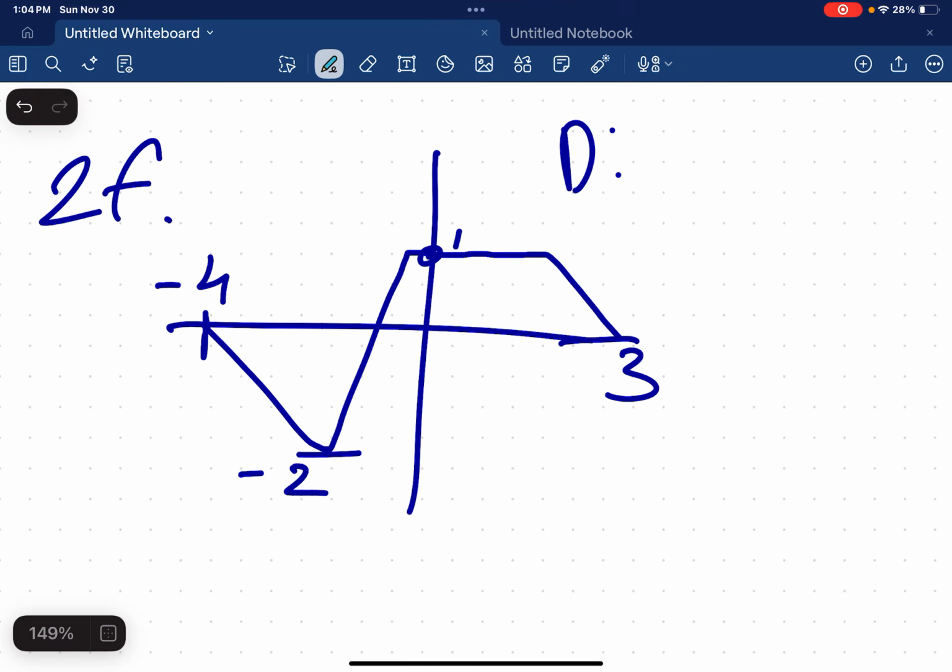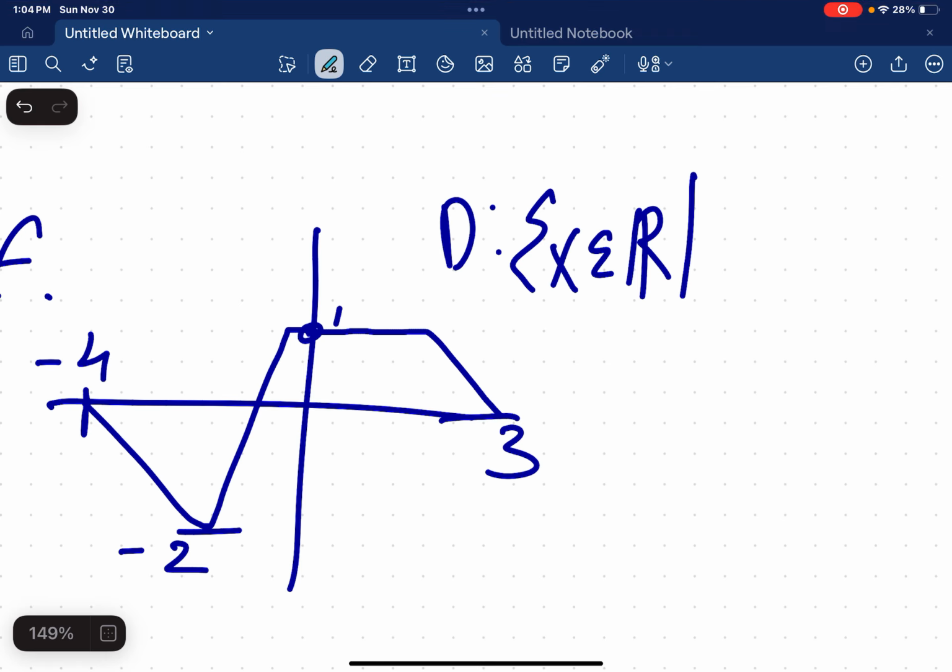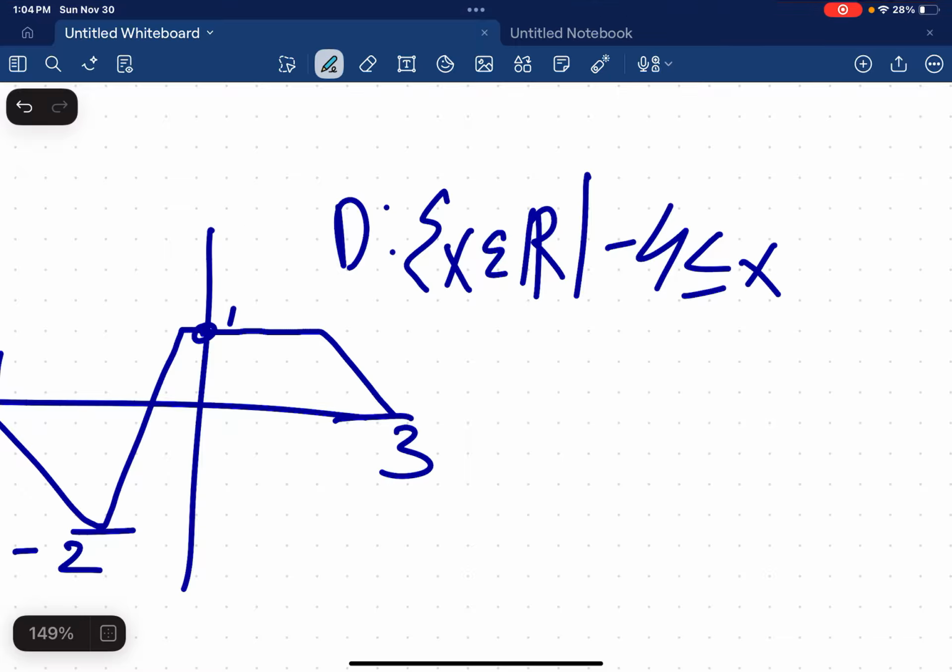The domain is going to be, we'll mark it as x is an element of all real numbers such that it is greater than or equal to -4 or less than or equal to 3.